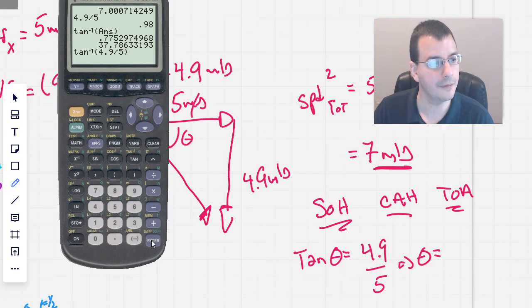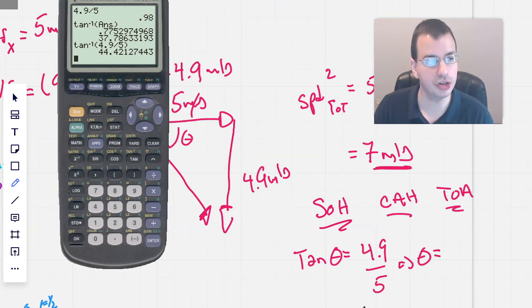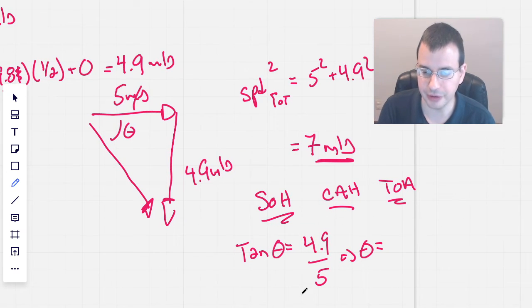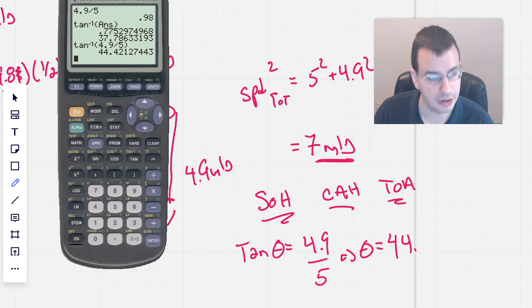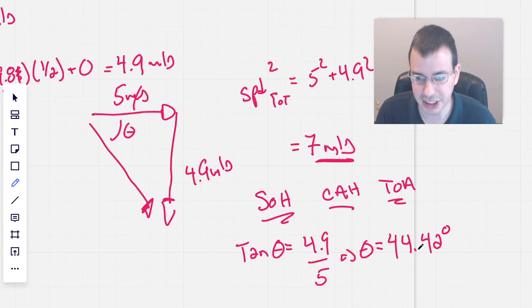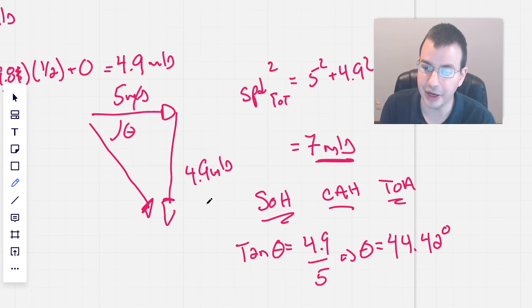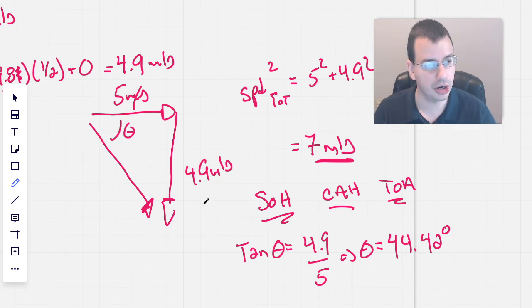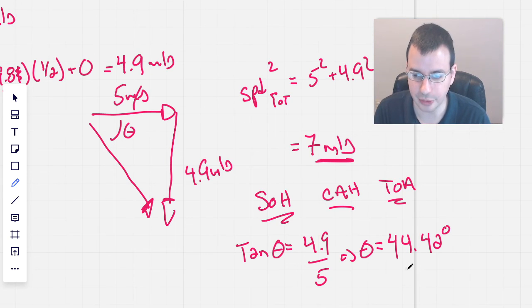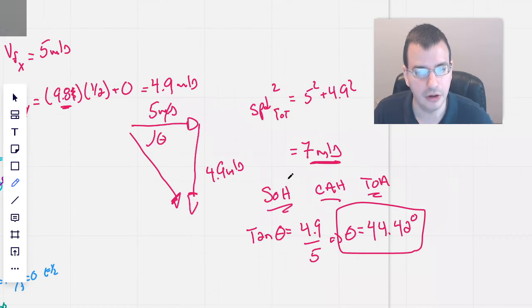We get 44.42. Which makes sense because 5 and 4.9 are pretty close, so it's almost going to be a 45-degree angle, but not quite, slightly shallower. 44.42 seems like a reasonable value.